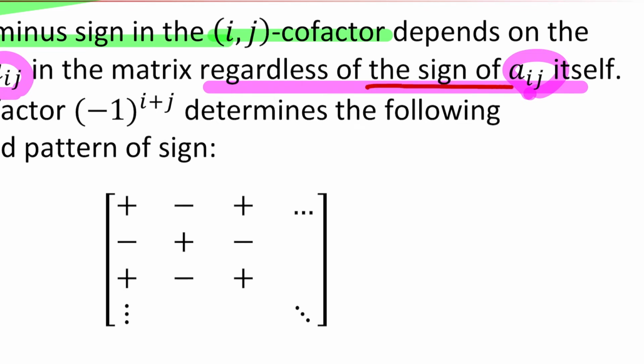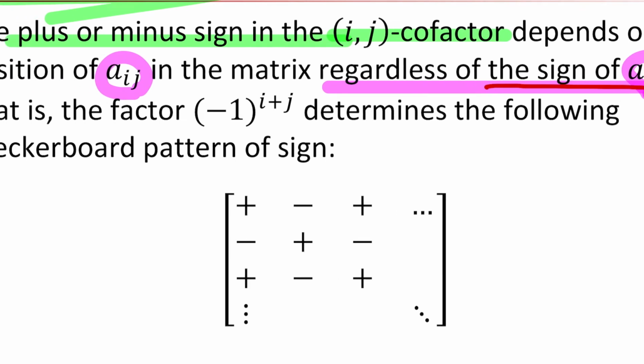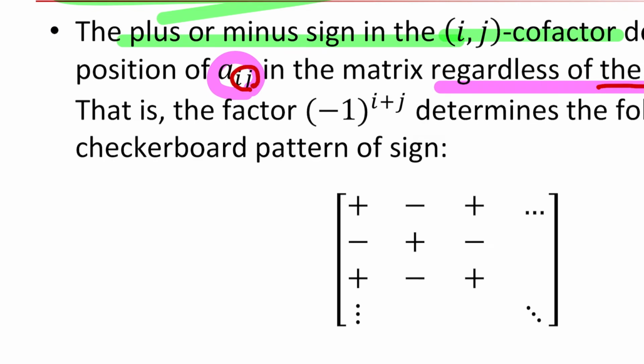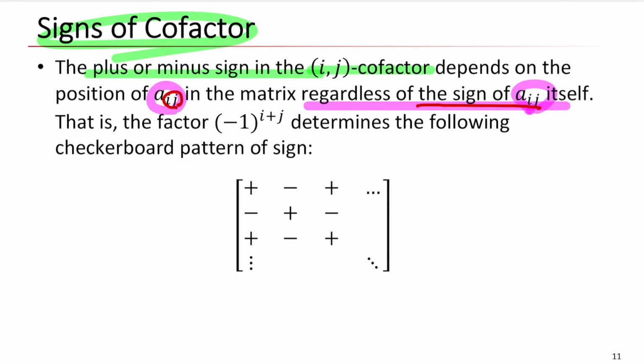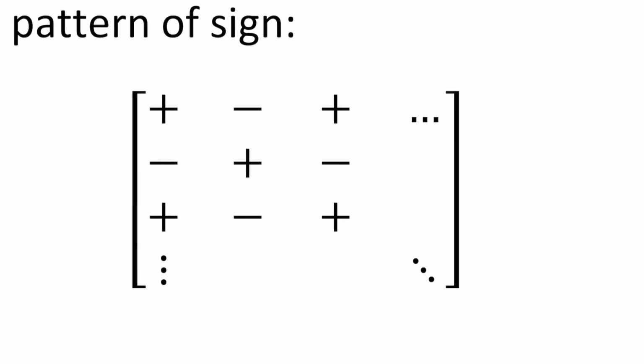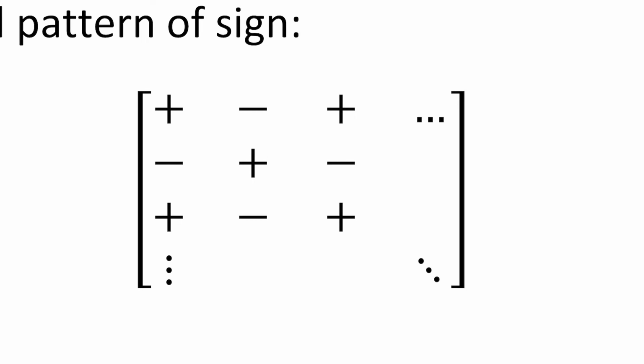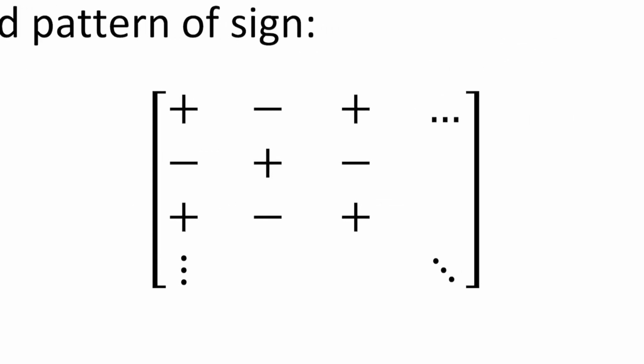The sign of the entry is not important, but the location i, j is the important signal to determine the sign of the cofactor. If this is the shape of the matrix A, then this one is i equal to 1, j equal to 1.